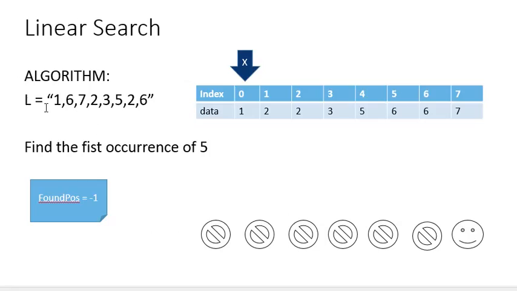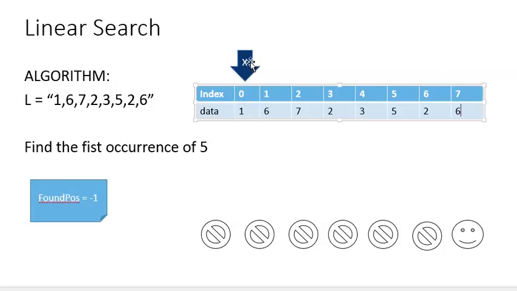So here's my linear search. For the purposes of our demonstration, I'm assuming I have this list L, which has 7 numbers in it, arranged in random order. So the list, by assumption, is not sorted. Now I'm going to try and find the first occurrence of 5.